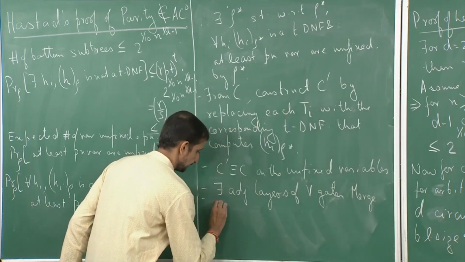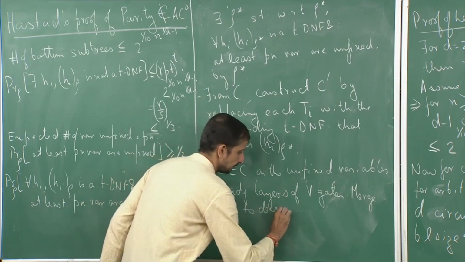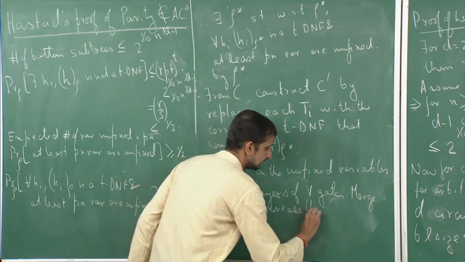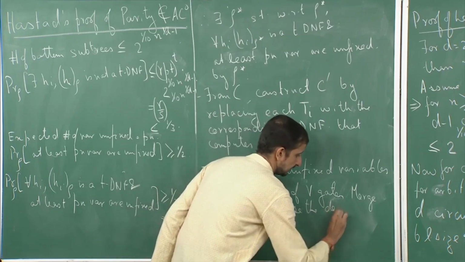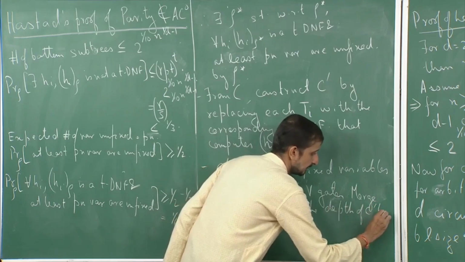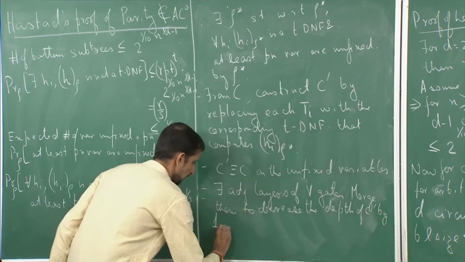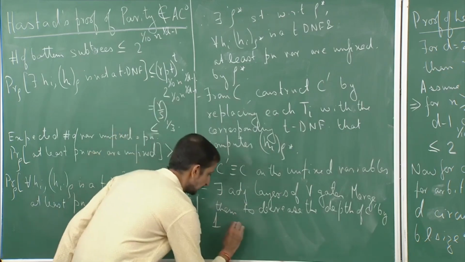So, we just merge them to decrease the depth of C prime by 1, okay. And let us call this circuit C double prime.